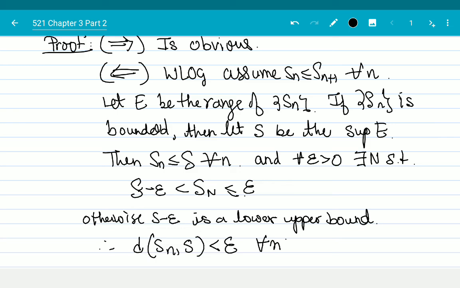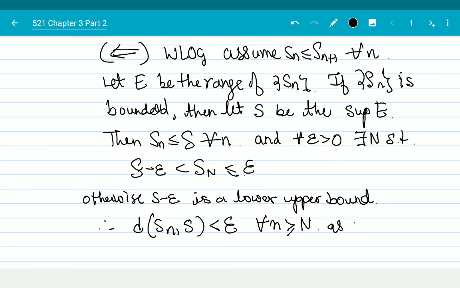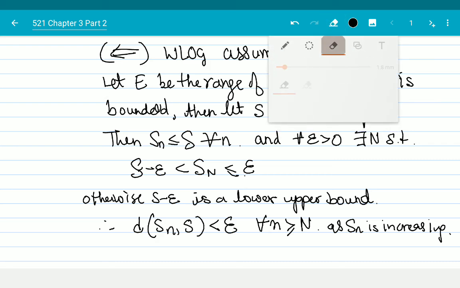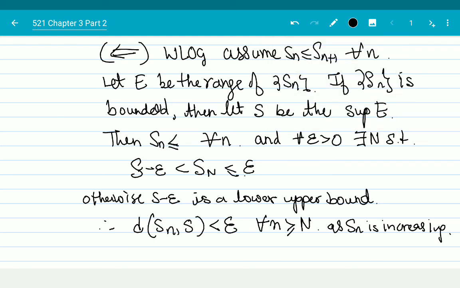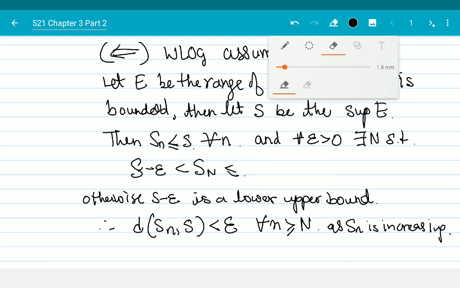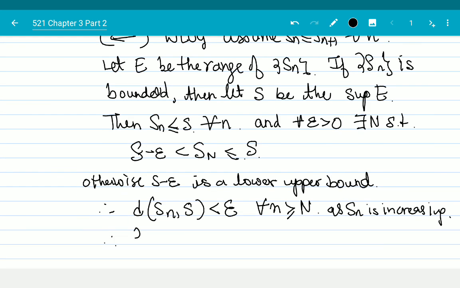For every n greater than or equal to capital N, as Sn is increasing. Okay. This looks like a delta, which is smaller than or equal to S. This should be an S, not an epsilon. Okay. Therefore, Sn converges to S.